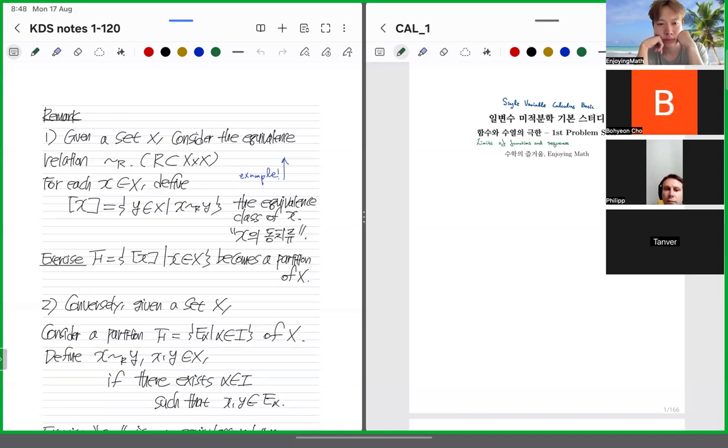So that's how we don't create any empty class, because there are no elements which are related to the empty set. So I think this explanation with respect to the empty set makes it clear that either there are some elements such that x is related to y, or there are no such elements, right?